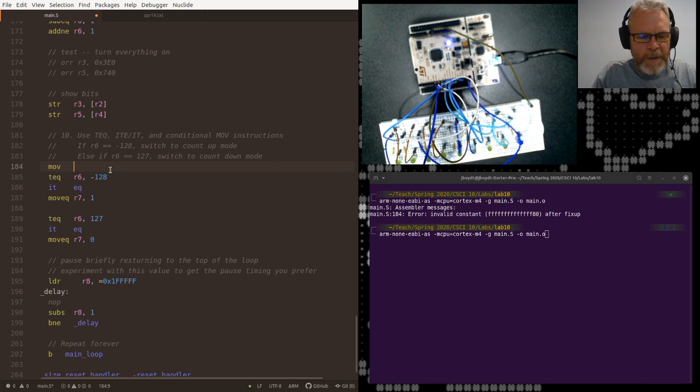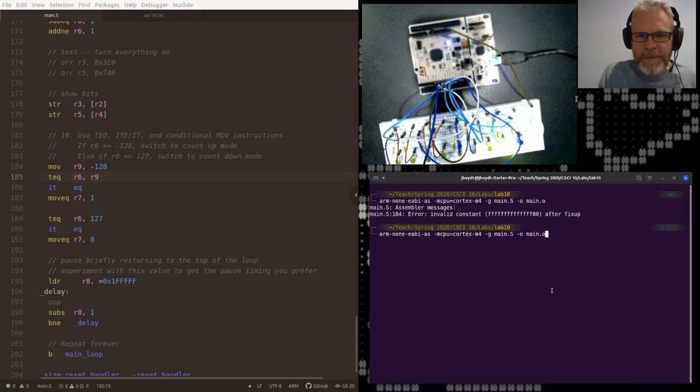So I'm just going to pick a register that doesn't matter, like R9. I'm going to put 128 in there, and then I'm going to test R6 and R9. So if you get errors about values, sometimes it can help to put a middleman register in the mix. So let's see if that helps.